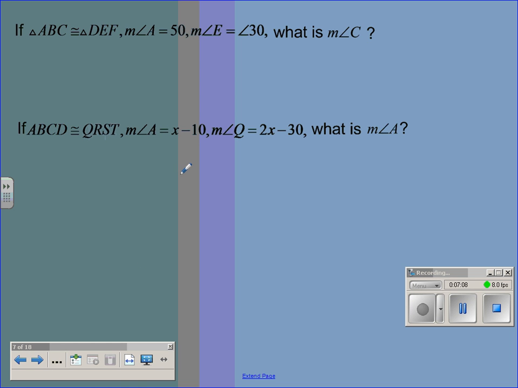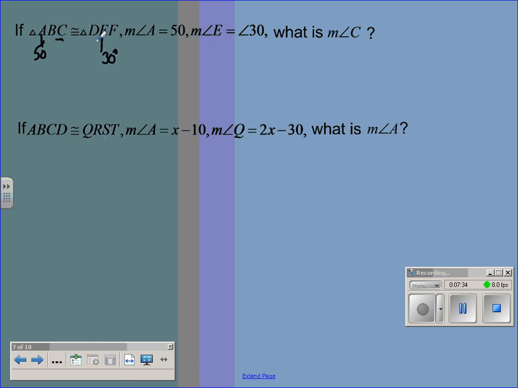Okay, let's put some algebra with it. So here we have triangle ABC is congruent to triangle DEF. I know angle A is 50 degrees, E is 30 degrees, so how much is angle C? Well, if A is 50 and E is 30, this is what I would think. I think, okay, E coordinates with what in the other triangle? See, because we're looking for C, and so who cares what E is?